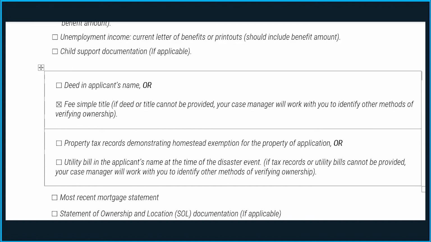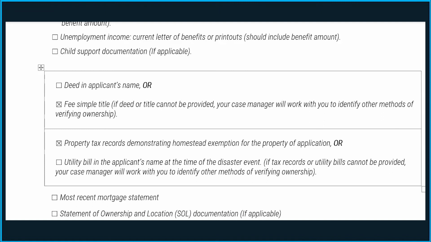Documentation should be attached supporting primary residency at the time of the storm, such as property tax records demonstrating homestead exemption for the property of application, or utility bill in the applicant's name at the time of the disaster event. If tax records or utility bills cannot be provided, the case manager should work with the applicant to identify other methods of verifying residency.